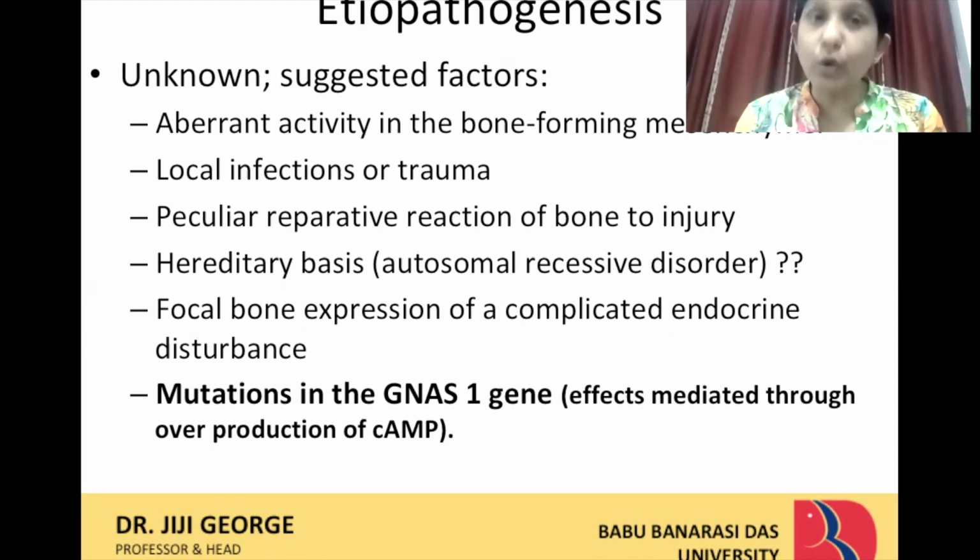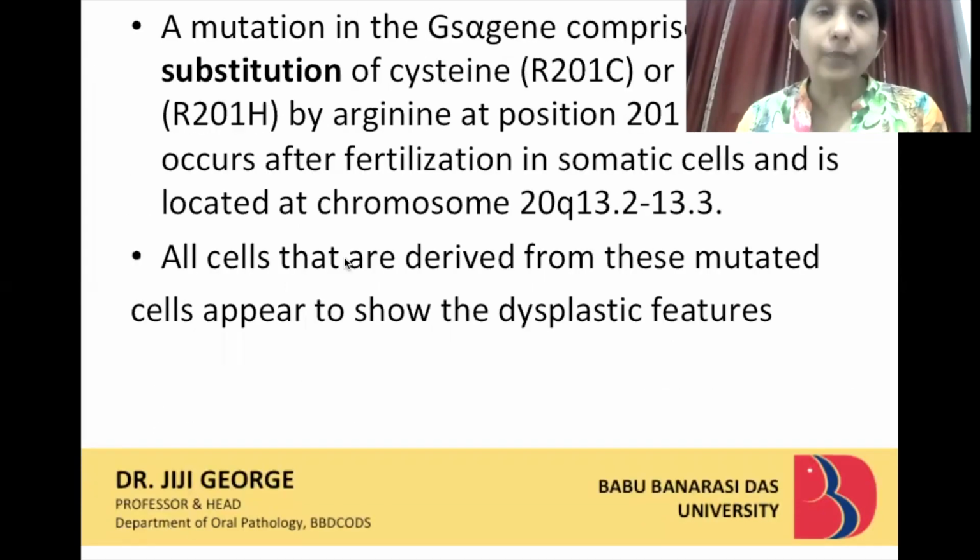We need to know which gene is actually affected. If you find a problem with the GNAS1 gene, you can predict that this patient can develop fibrous dysplasia later on. Its effect is mediated through overproduction of cyclic AMP. It's basically due to a mutation in the gene and the substitution of cysteine or histidine by arginine.